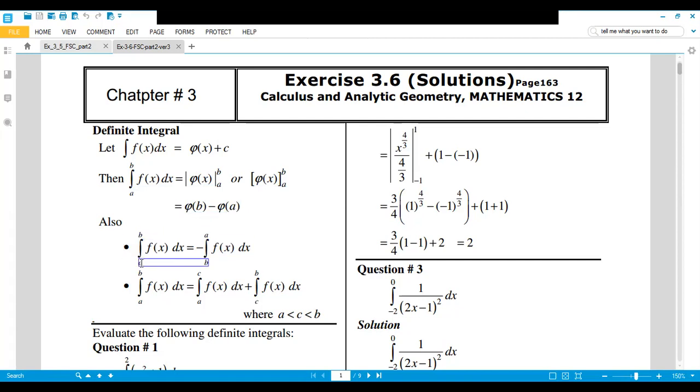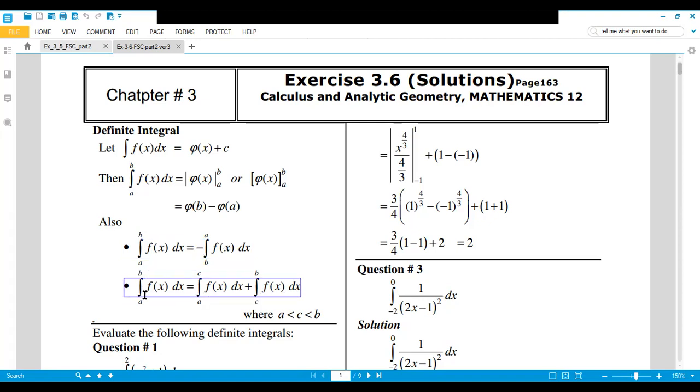For example, if you want to change the position of the lower and upper limit, if it is positive, it will change into negative. Look, a is the lower limit and b is the upper limit. So when you change its position, automatically the sign will multiply with a negative sign like this.